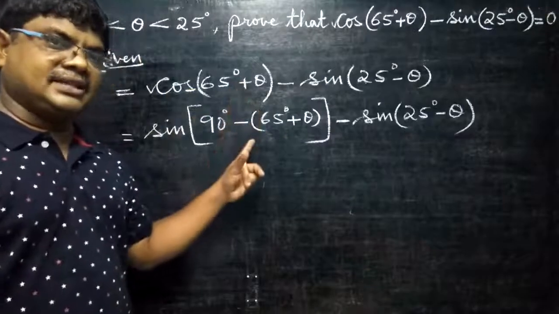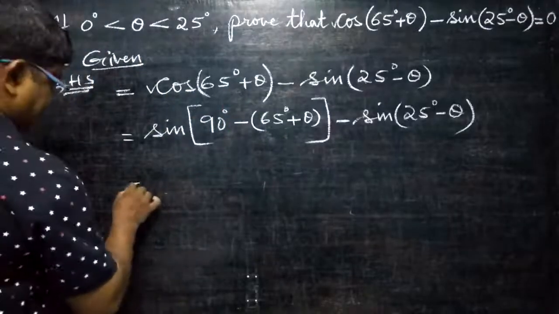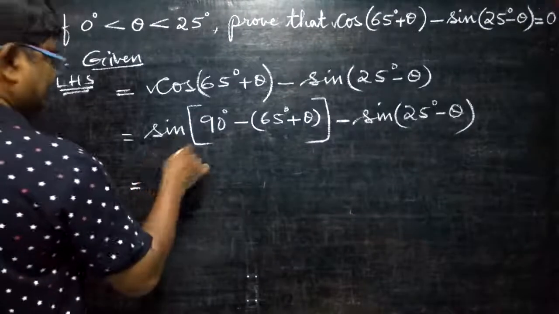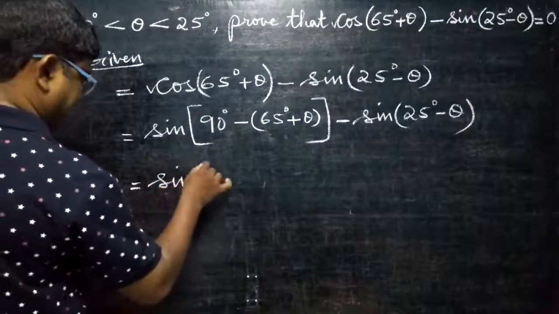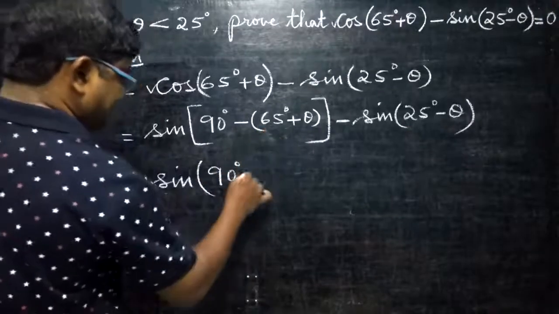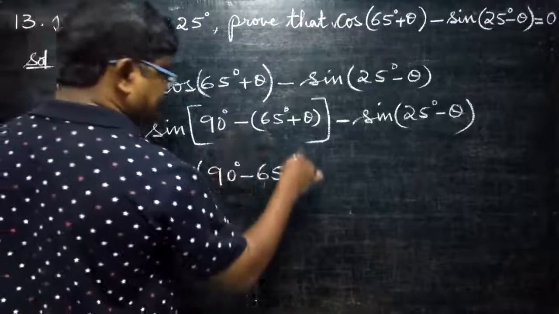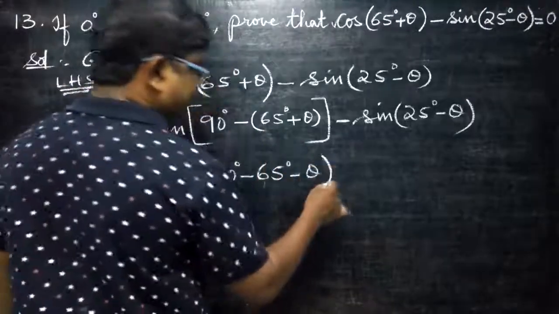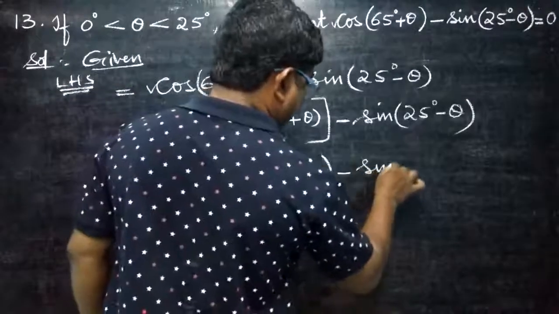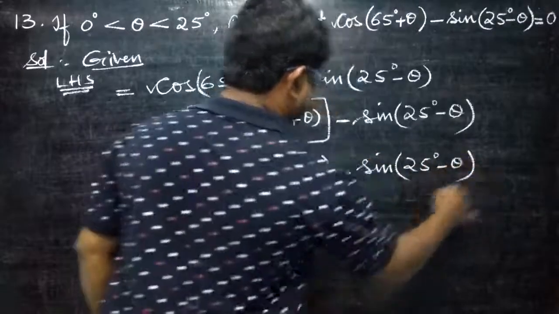In the beginning of this exercise I told the formulas. Now that is equal to sin of 90 degrees minus of 65 degrees plus theta, minus sin of 25 degrees minus theta.